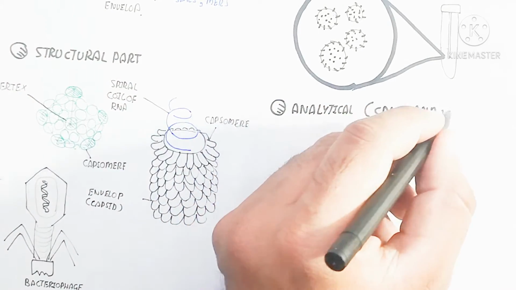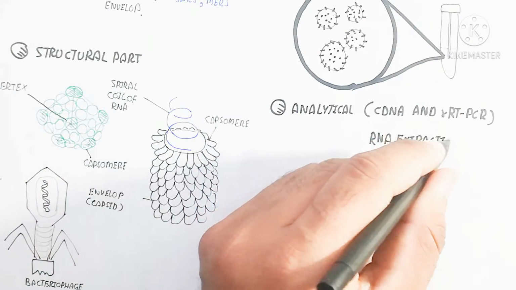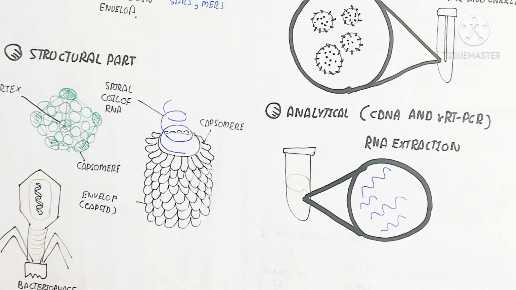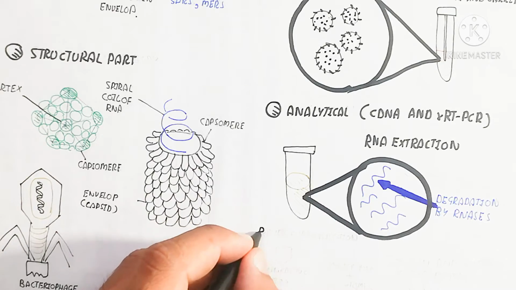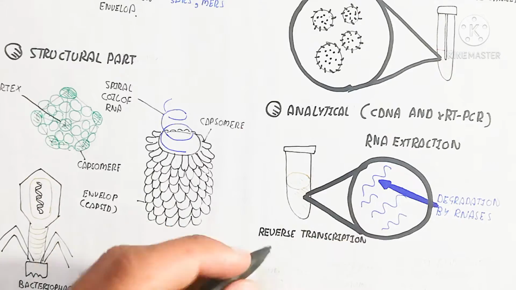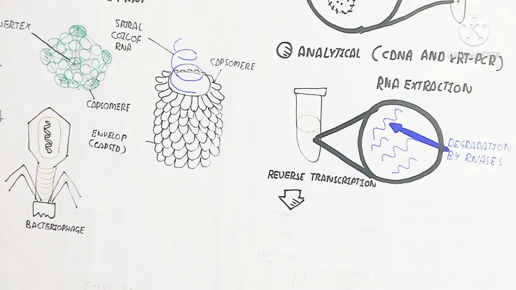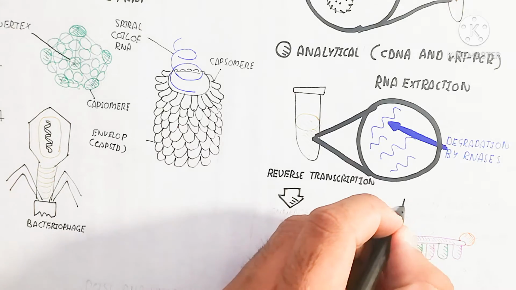Complementary DNA and reverse transcriptase polymerase chain reaction will be used for it, with RNA extraction first of all. The RNA extraction protects against degradation by RNases, the enzymes which degrade RNA into smaller segments, and then reverse transcription begins, to produce DNA. How it's possible, we will discuss here.